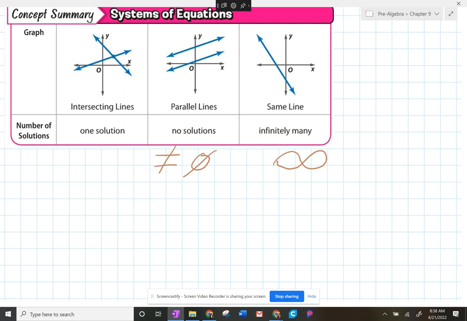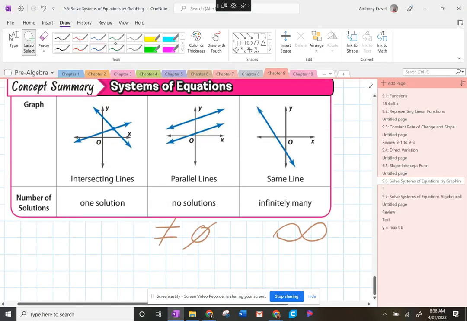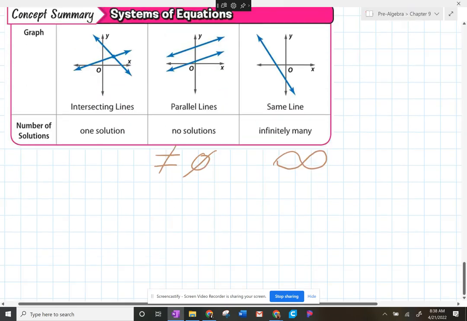Okay, so if I ever had a problem that said 1 equals 8, could 1 ever equal 8? No, never ever. If it ever had something that looked like this, where it's like 1 equals 8, it can't happen. So that's going to be a no solution.